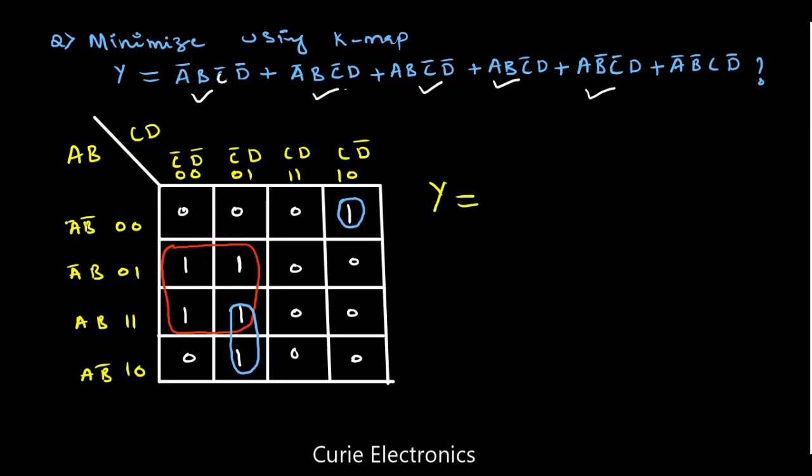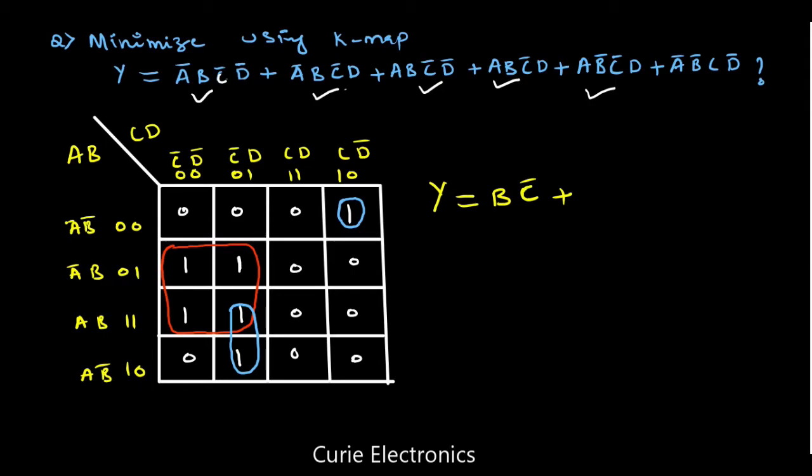So A bar, A will cancel, B will be left. So I'll write B here. And if you take the column wise, it is C bar D bar and C bar D. For D, original form as well as complemented form is there, so D cancels. But C bar has only complemented form. So it is B C bar. In a quad, two variables will get eliminated.